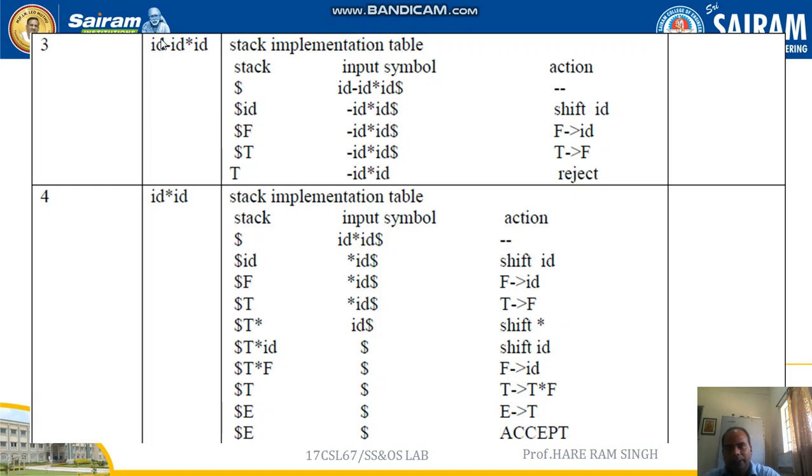Let us see some more examples. id - id * id. In the beginning the stack has dollar, the input is id - id * id $, no action.